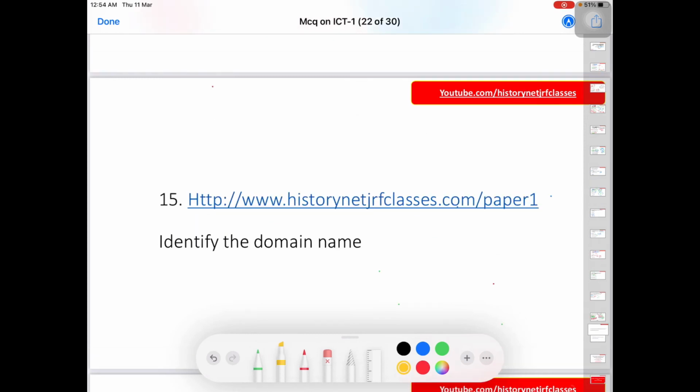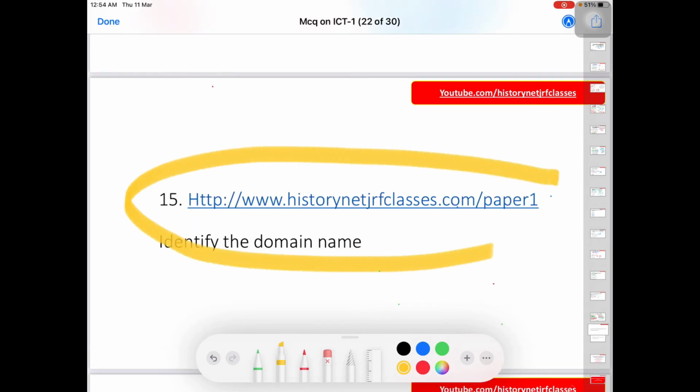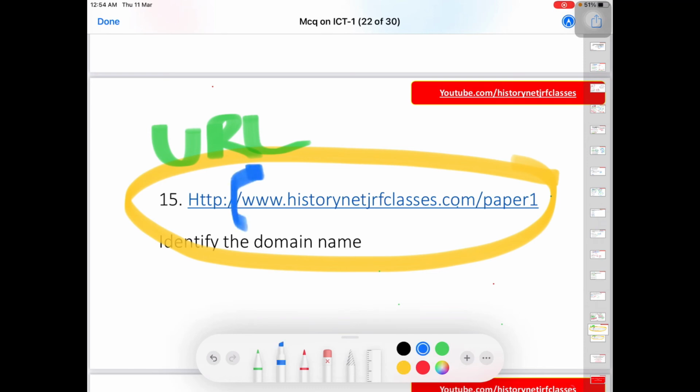Now this whole thing is known as URL, that is Uniform Resource Locator, which is the web address, that is the address of any specific document on the web. Okay, so this is URL. Now this portion from www to .com is known as domain.